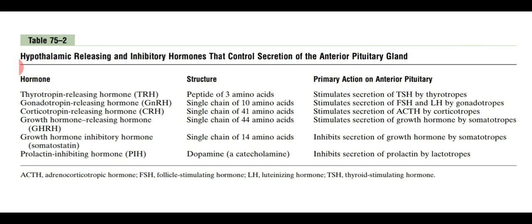In this table, we can see the various hypothalamic releasing and inhibitory hormones that control anterior pituitary secretions. For most of the anterior pituitary hormones, hypothalamic releasing hormones are important. But for prolactin, hypothalamic inhibitory hormone is more important.